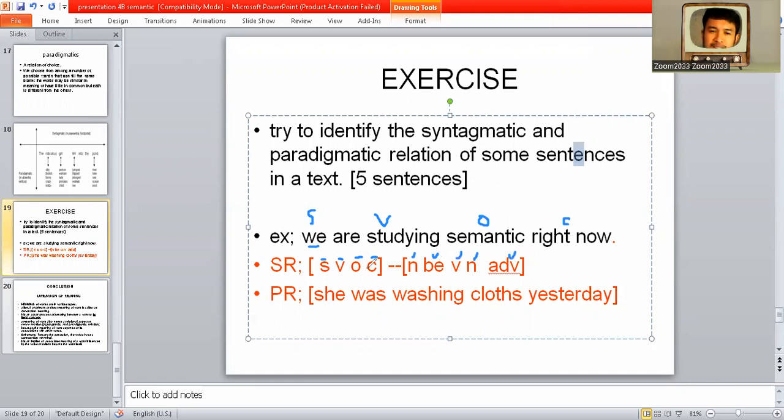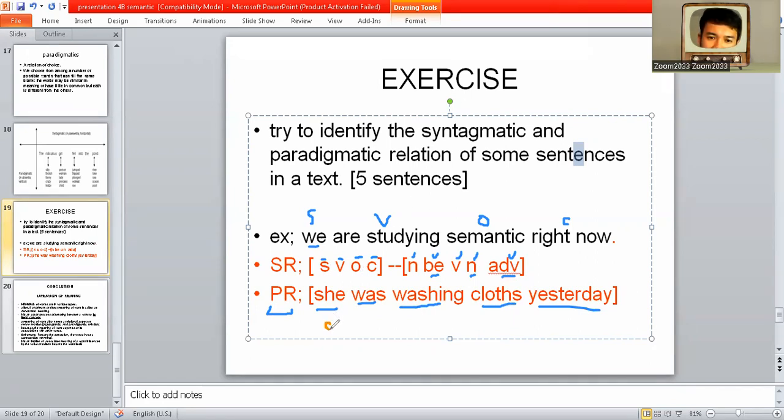So now after we know the syntagmatic relation structure, we try to create the PR, paradigmatic relation. So we can create another sentence with the same syntagmatic relation, such as she was washing clothes yesterday. Okay, so you can easily find that this is syntagmatic and paradigmatic.